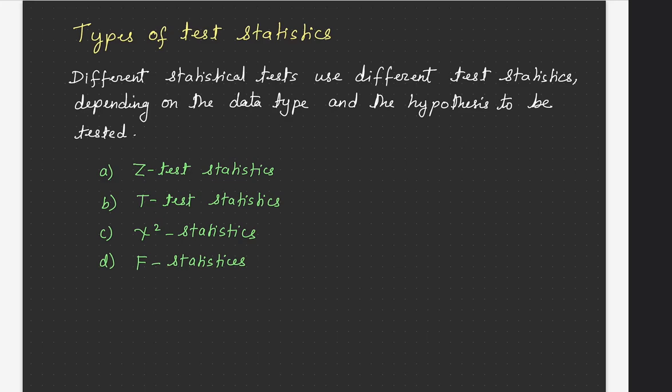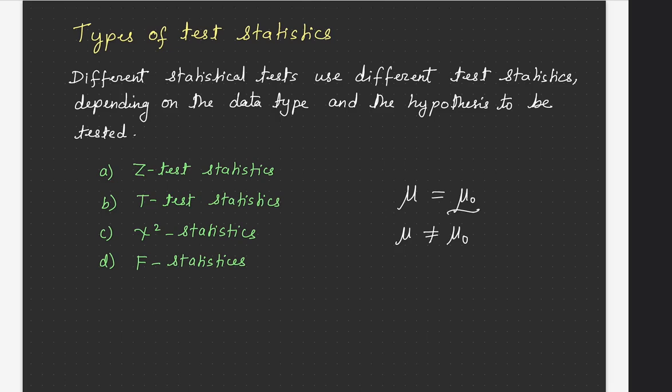Assume that my parameter is the mean, and this is the null hypothesis, and for instance I consider this as the alternate hypothesis. From the sample data we find the mean. That is, X bar is a point estimate of this population mean, and from the sample data I need to draw a conclusion about this population parameter, to check whether it is equal to x naught or not equal to x naught.